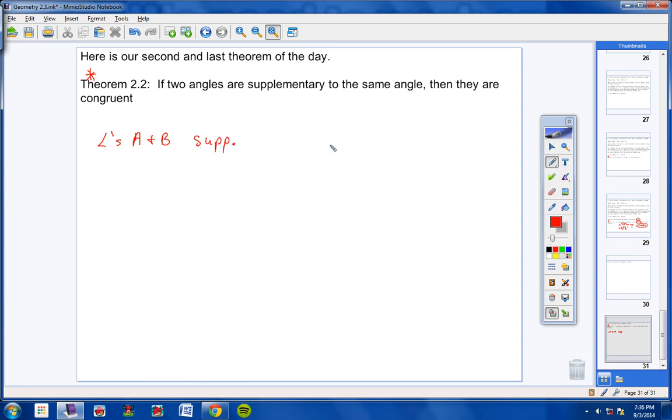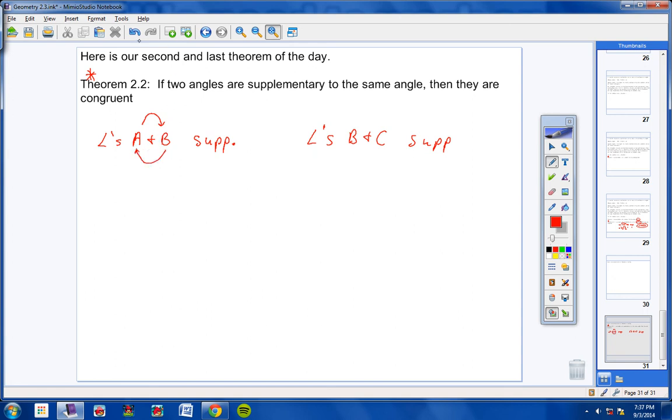Supplementary, okay? And then we're going to say angles B and C are supplementary. Now watch this carefully. Angle A is supplementary to what angle? B. And you could also say that angle B is supplementary to angle A.